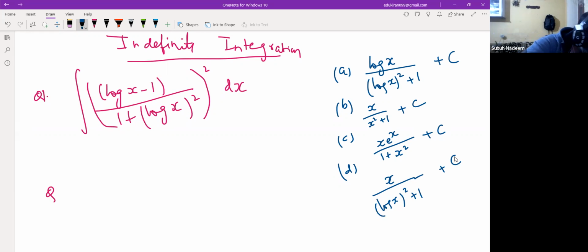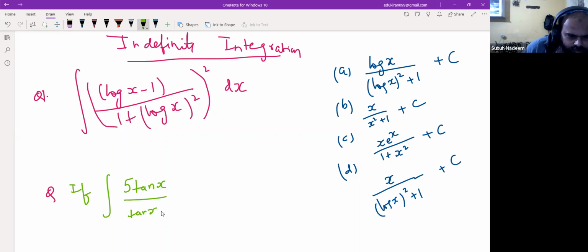Another question which we have is: let us say the integral of 5 tan x by tan x minus 2, 5 tan x by tan x minus 2 dx, is equal to x plus a log of mod sin x minus 2 cos x.